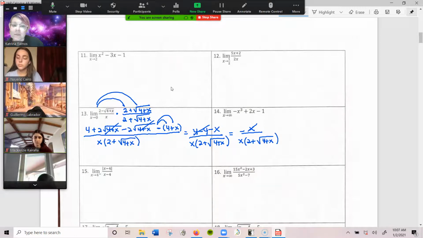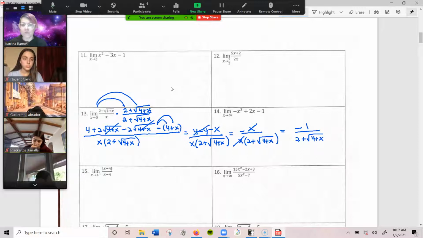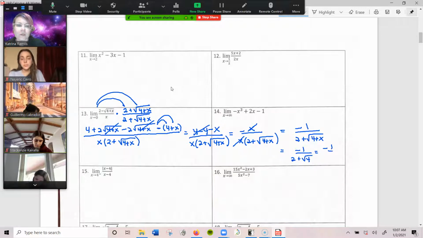Now the x's cancel, and you're left with negative 1 over 2 plus the square root of 4 plus x. So far, so good? Okay. Now you can plug in the 0, because the denominator will no longer be 0, which would give you negative 1 over 2 plus the square root of 4, which we know is 2. So negative 1 over 2 plus 2, which is 4. So negative 1 over 4. Is that what you got?